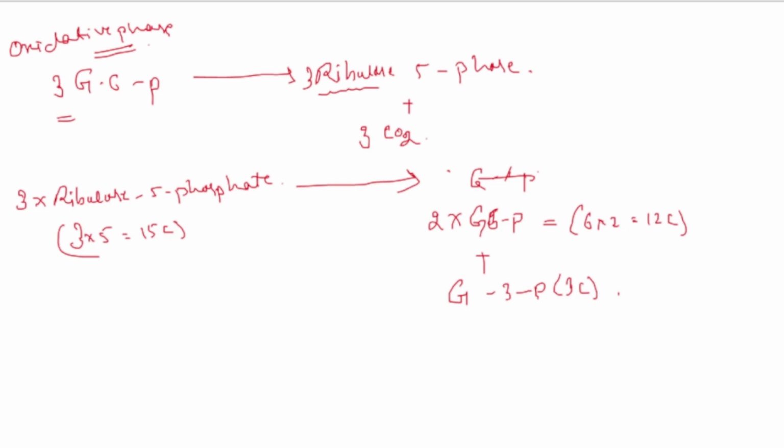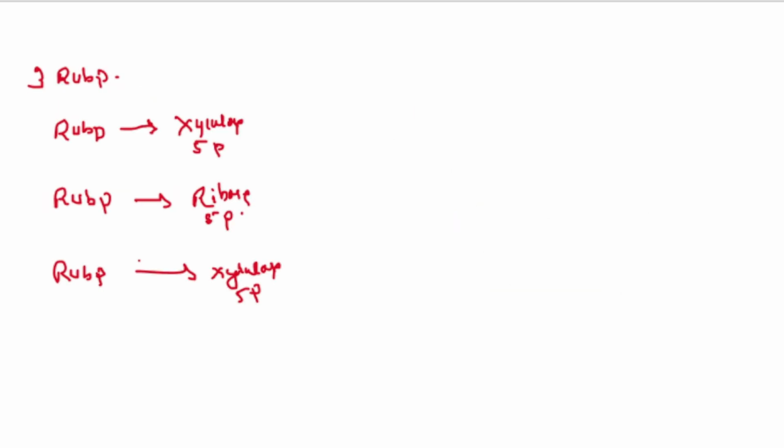Here there is utilization of these 3 RuBP, and from these 3 RuBP, 2 molecules of glucose 6-phosphate will be recycled. There is involvement of one enzyme.